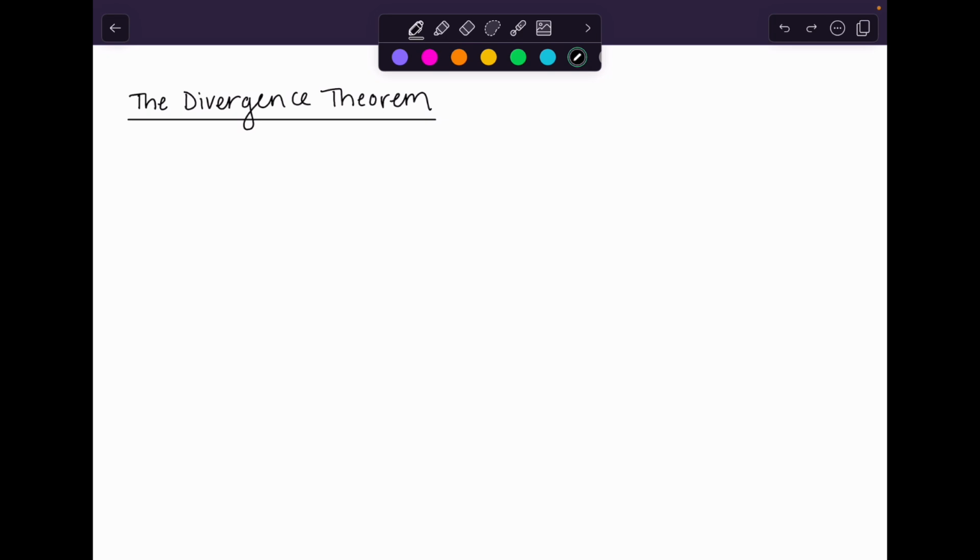So what this states is we're going to let E be a simple solid region in R3.